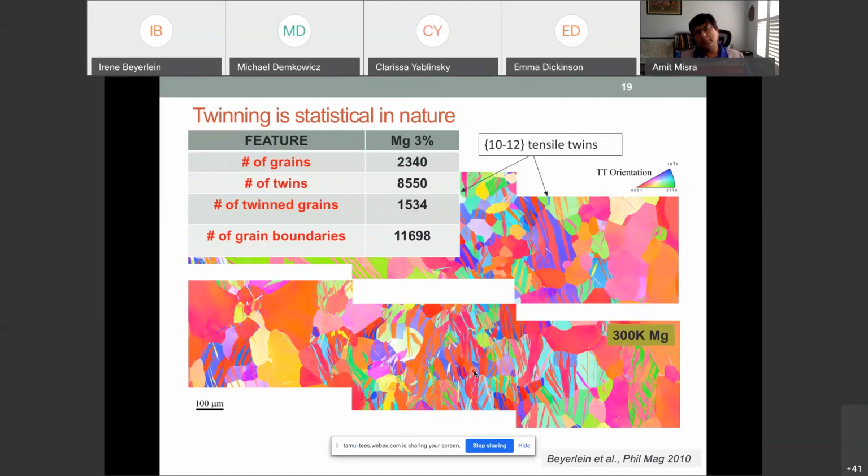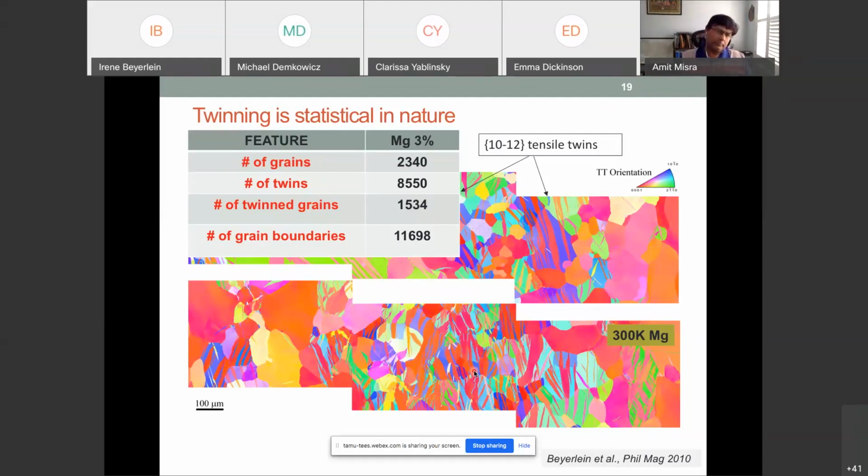This is just one slide to point this out: about 10 years ago, there was a study done where we took advantage of the automation that we can have with EBSD.